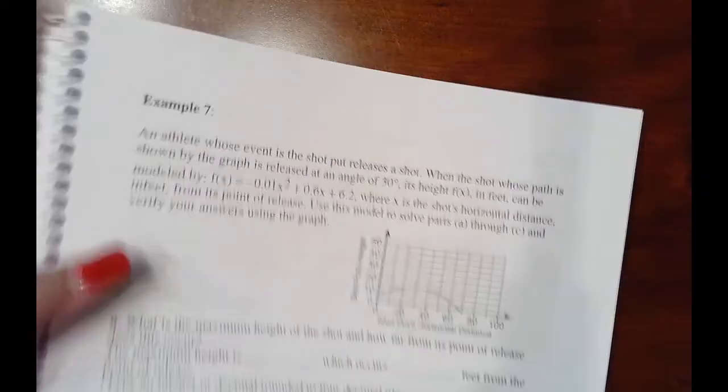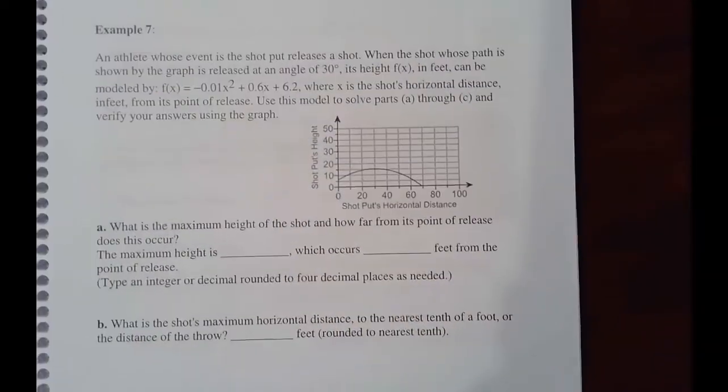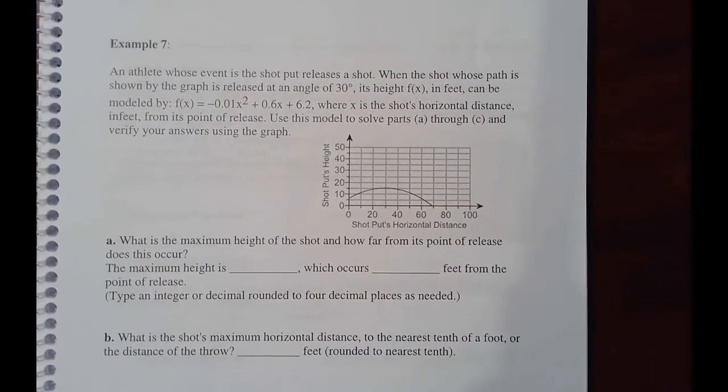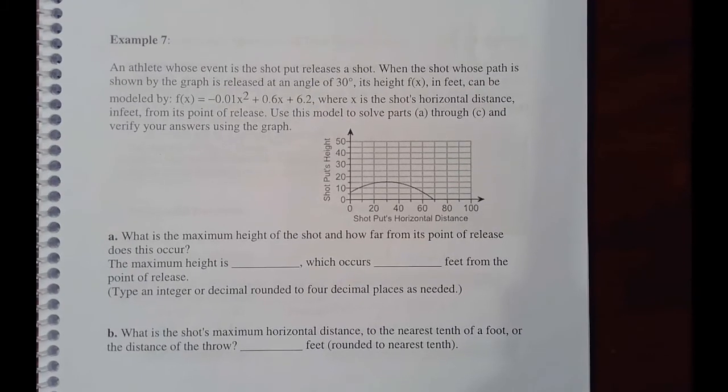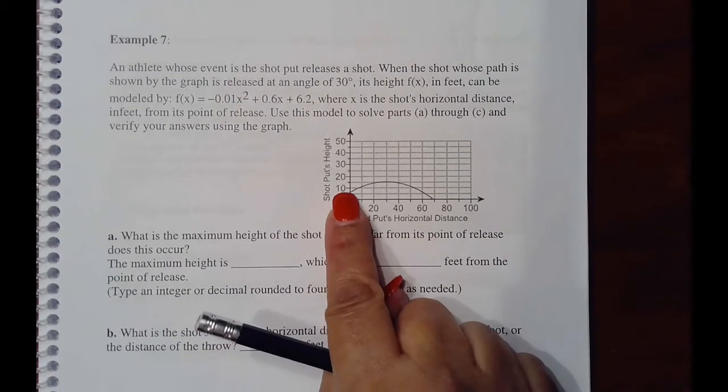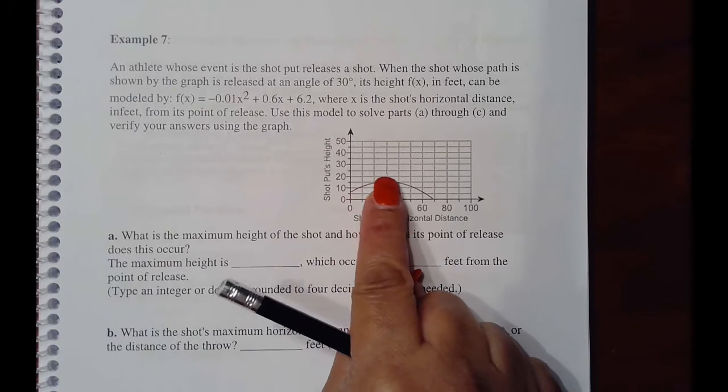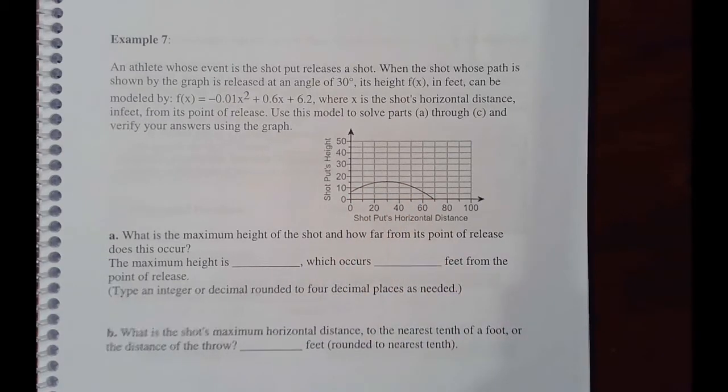When we get to example 7 and 8, then we get much more involved because these are application problems. So in these two problems, what you see is someone releasing a shot. They're throwing a shot put, and it's going up and then falling down, and therefore follows a parabolic curve.